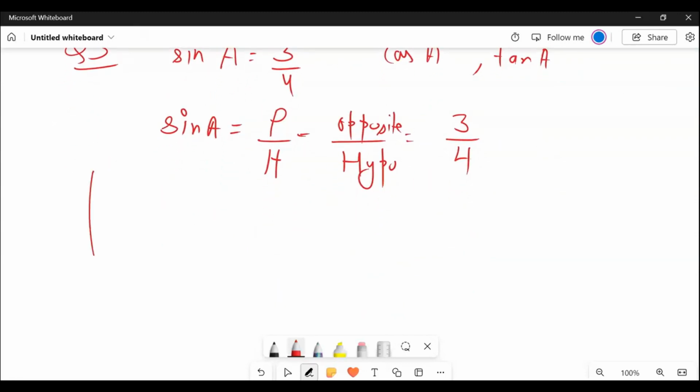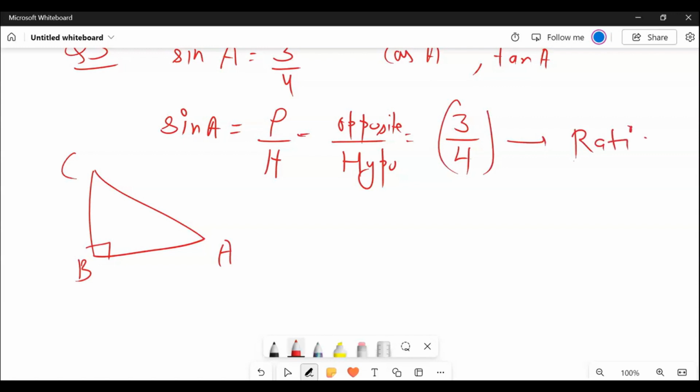If I draw the triangle, suppose ABC, with respect to that A, B, C, this is the triangle. This is the ratio given. Actually this is a ratio, this is not a fixed number. 3/4 is a ratio, so we need to multiply it with a positive integer k so the ratio can become the side.